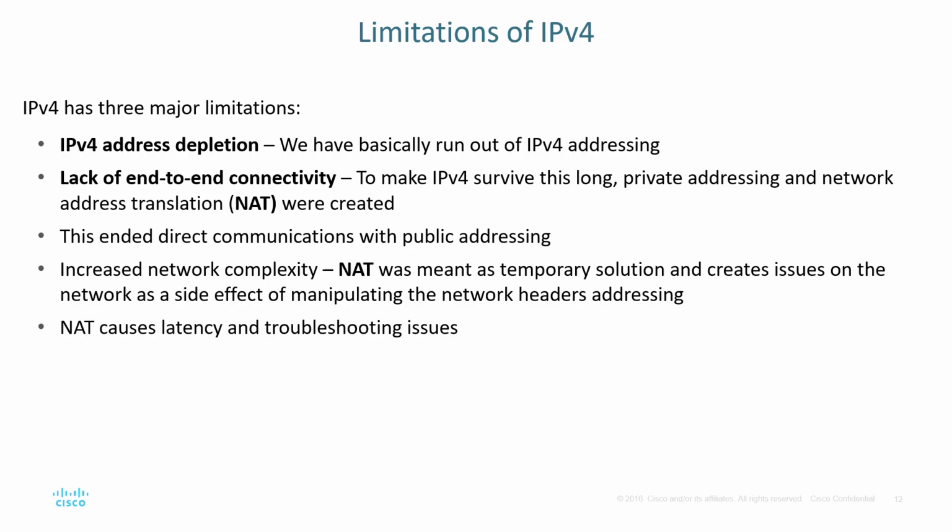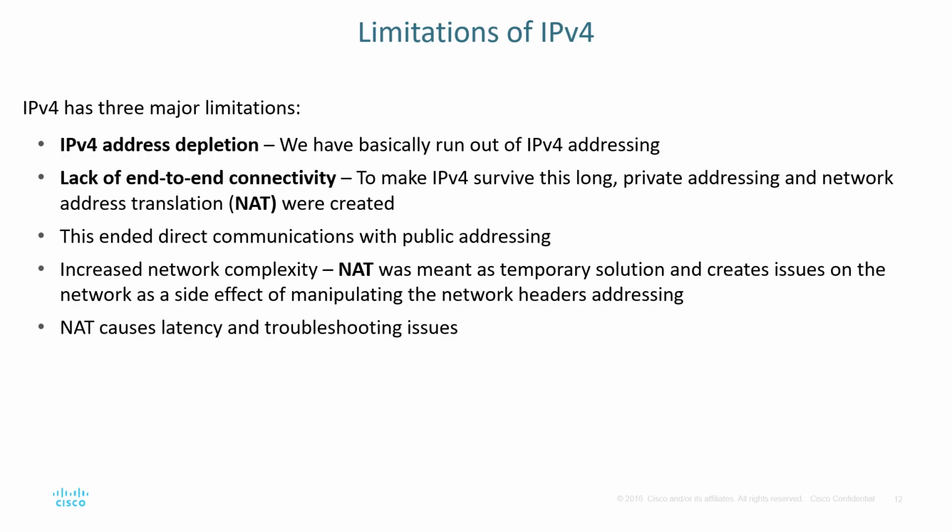This ended direct communications with public addressing. It also increased network complexity because NAT was meant as a temporary solution and creates issues on the network as a side effect of manipulating the network headers and the addressing. NATing also causes latency and troubleshooting issues.